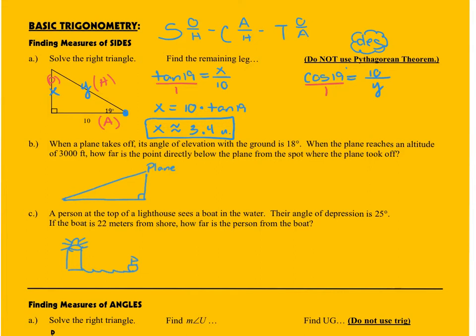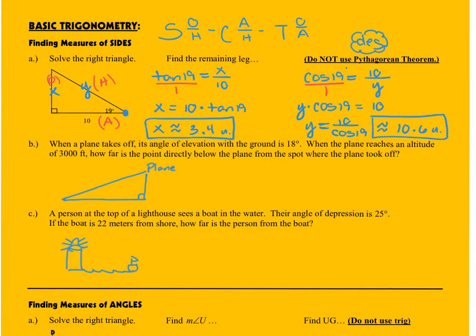Now this one is set up a little differently, so when I cross multiply, now I'm going to have Y times the cosine of 19 equals 10, which means Y equals 10 divided by the cosine of 19. You've got to be careful that you're doing that algebra in the correct direction. We'll type that into our calculator. Again, in that degree mode, it's going to give us an approximated answer, and we're going to round again to tenths, and we'll call it 10.6.